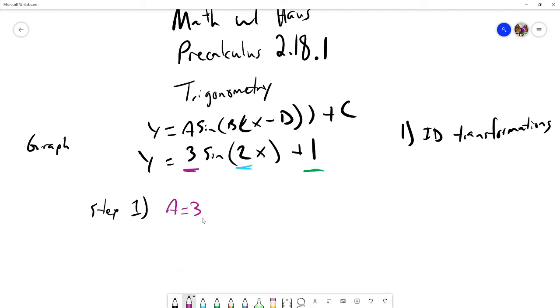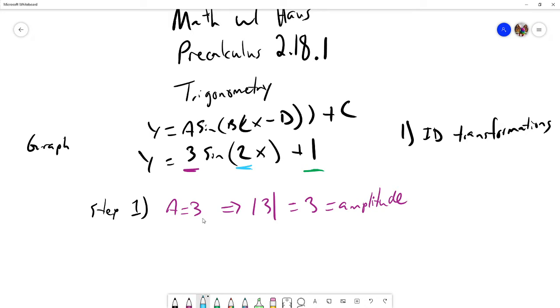With this a value, when we take the absolute value of it, this tells us the amplitude, so the amplitude is equal to 3. That tells us our graph has to have an amplitude of 3.